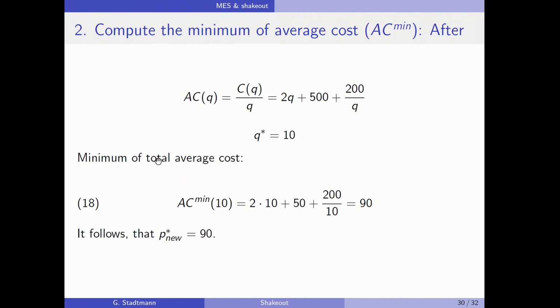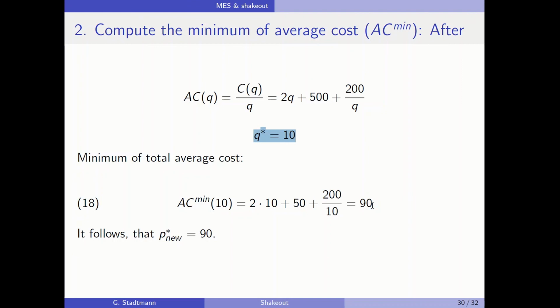What about the minimum of the total average cost in case that Q star is equal to 10? When we are inserting this information in the new average cost function, we get the information that now the minimum of the average cost is at 90 euros.